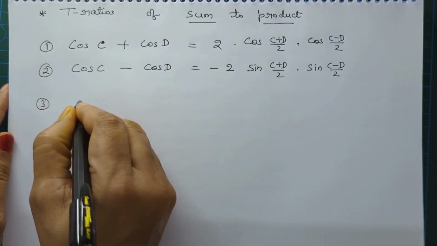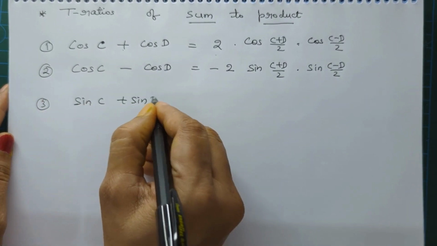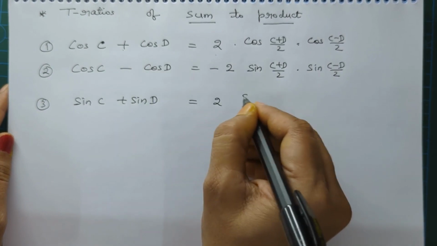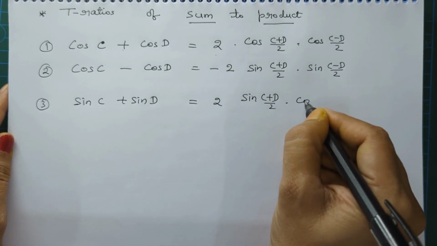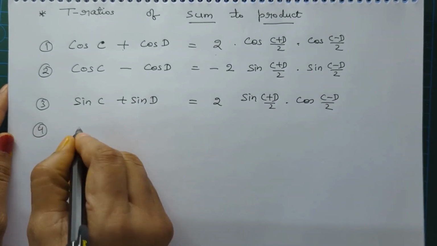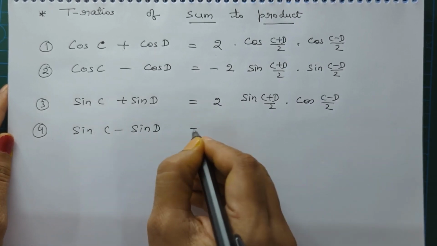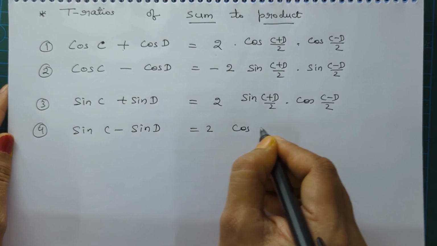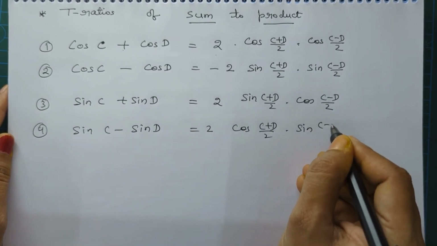Third, sin C plus sin D. Sin C plus sin D is 2 sin of (C plus D) by 2 times cos of (C minus D) by 2. The fourth one, sin C minus sin D. Sin C minus sin D is 2, first cos will come, cos of (C plus D) by 2 times sin of (C minus D) by 2.